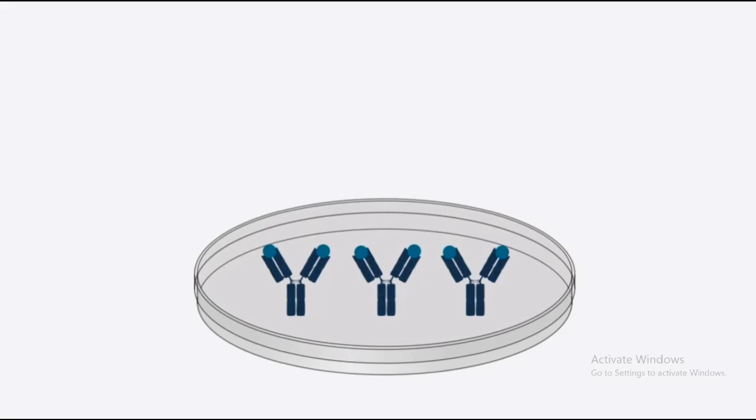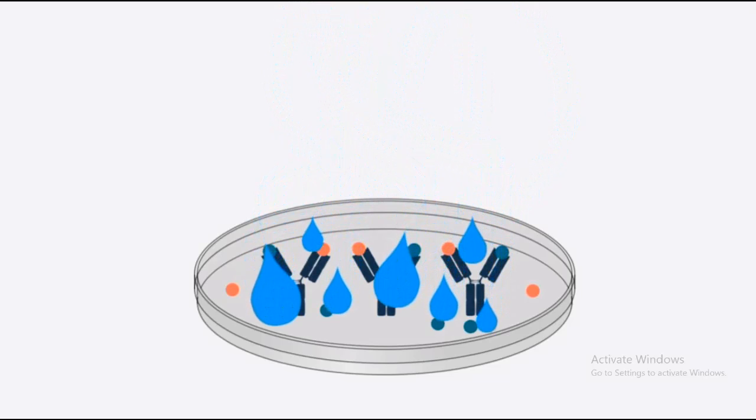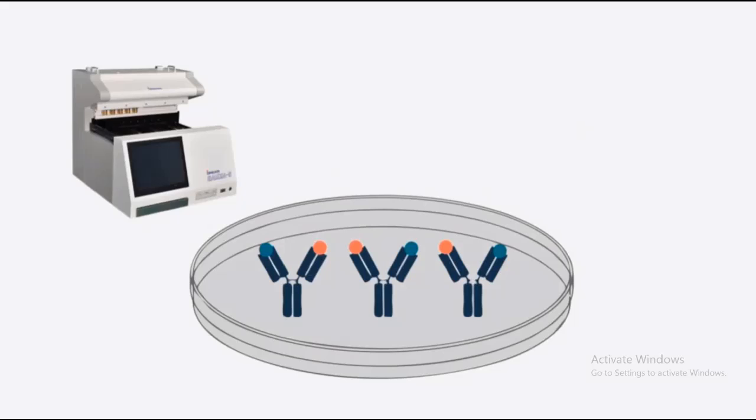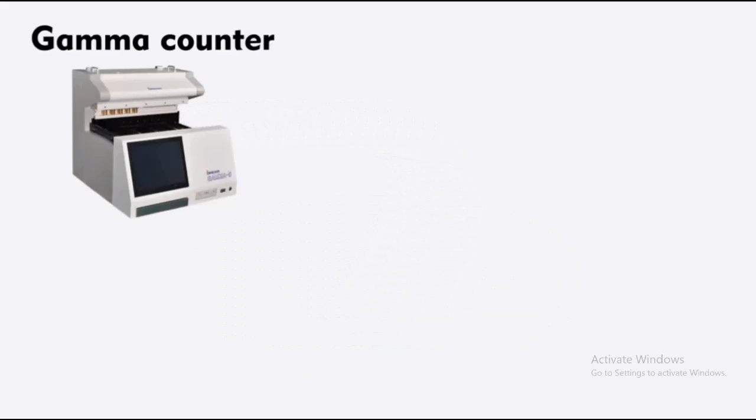The way this assay works is the insulin present in the blood sample will displace the radioactively labeled insulin. When you then wash away the unbound insulin from the sample and the radioactively labeled insulin that was displaced, you take the antibodies that have bound and place them into a gamma counter.